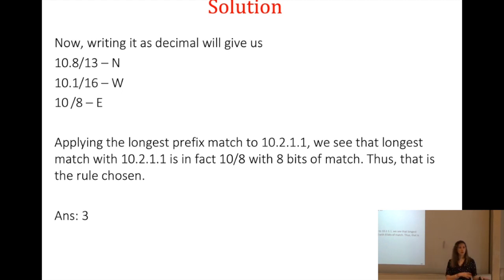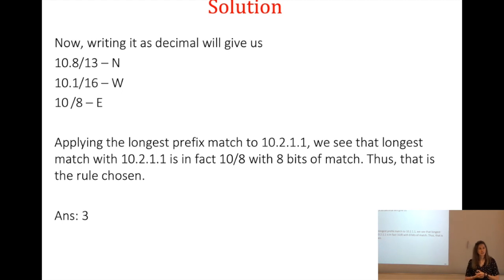Now in our example, the destination address is 10.2.1.1. The longest prefix match for this would be 10/8, because 10.8 does not correspond, and 10.1 either. So the longest that corresponds is 10/8, and we know to transmit to the Eastern interface.